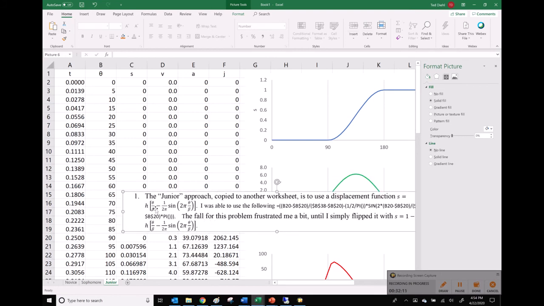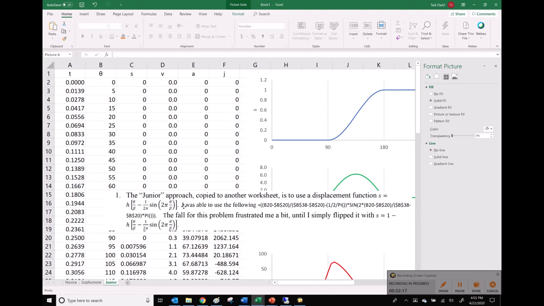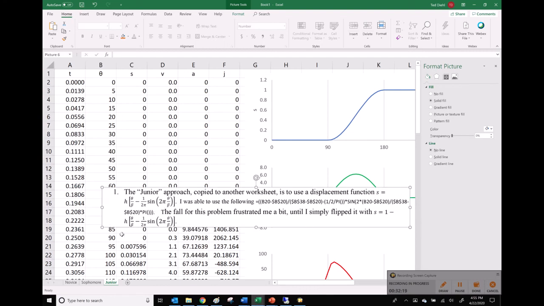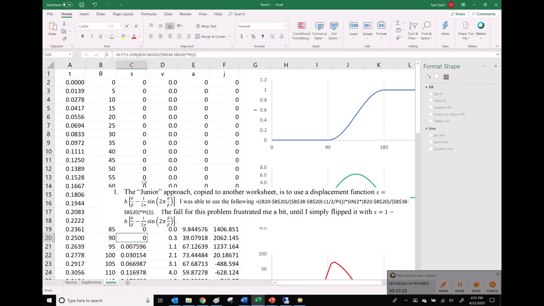So the junior approach, we want to have this formula right here. So right here is where it needs to be. So we're going to have theta divided by the span, and we're not going to have that 0.5 right there.